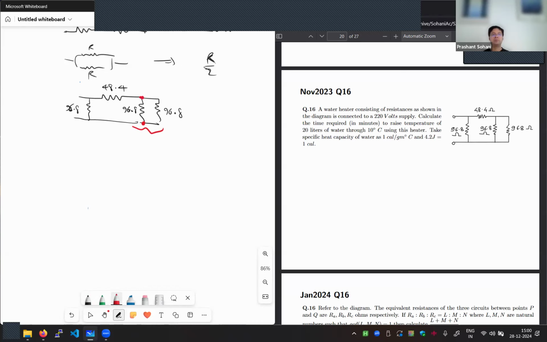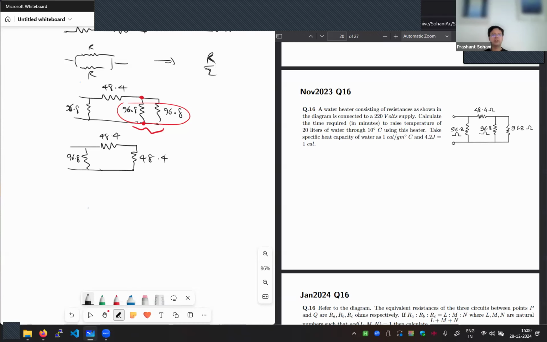They are both connected to the same start and end position. So therefore I can combine them, and because the magnitude is equal, I can replace them with a single resistance of half the value, right? So if I combine them, I will get a new resistance of half of that, which is 48.4. Okay. And the rest of the circuit remains the same.